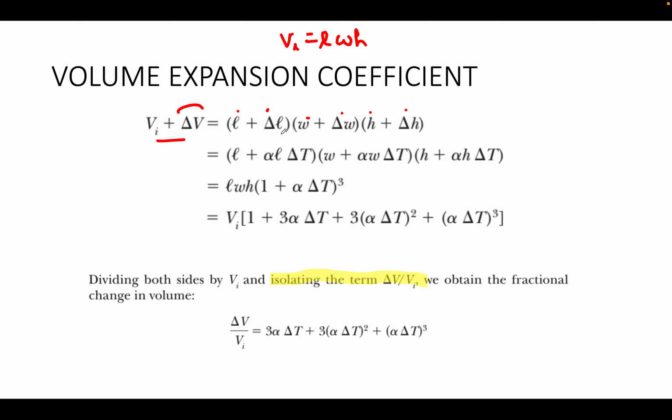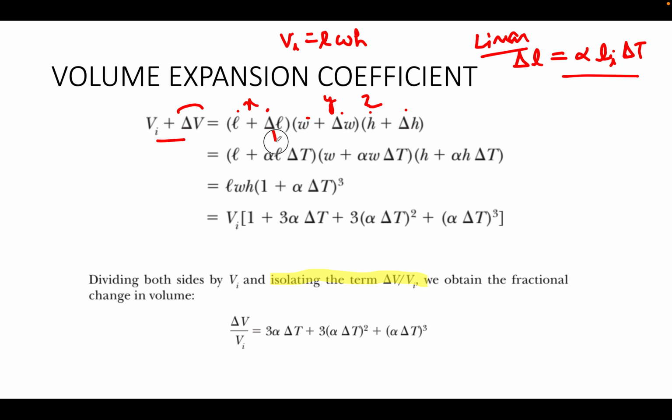Every increment is added to its own x, y and z axis. Again, we knew that as per the linear expansion coefficient, delta L was equal to alpha Li, that is the initial length, into temperature difference delta T. That was for the linear expansion coefficient.